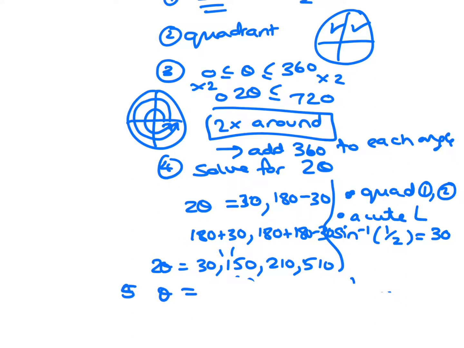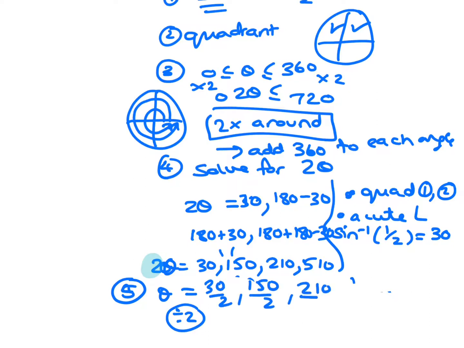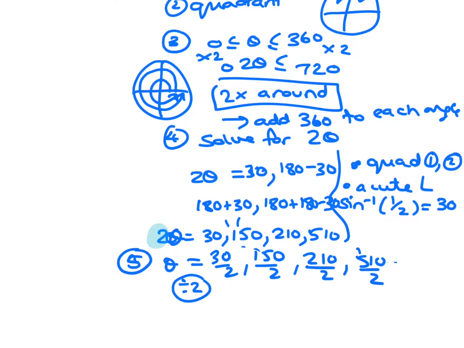So your fifth step, the final step, is to divide every answer by 2, to get rid of the 2 in front of the theta. So 30 on 2, 150 on 2, 390 on 2, and 510 on 2. When you solve that, you get 15, 75, 195, 255 degrees.